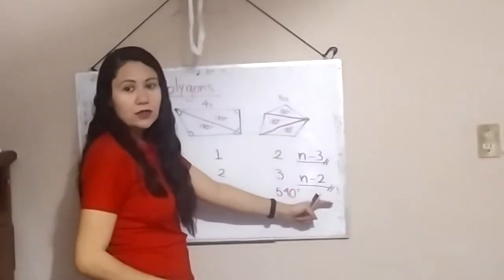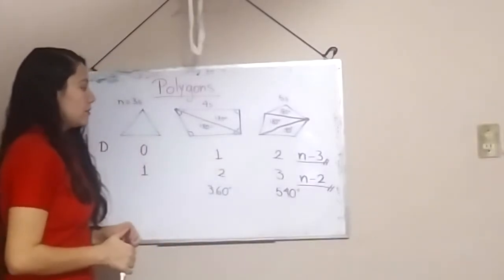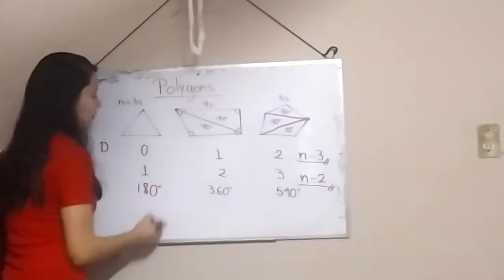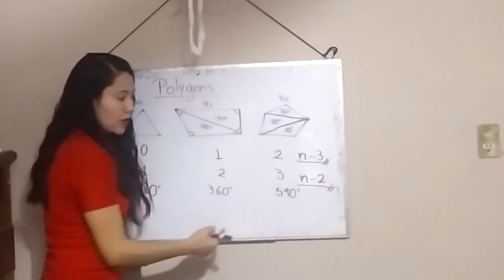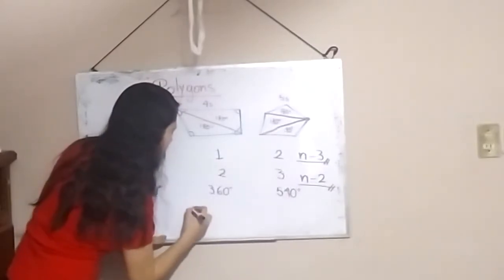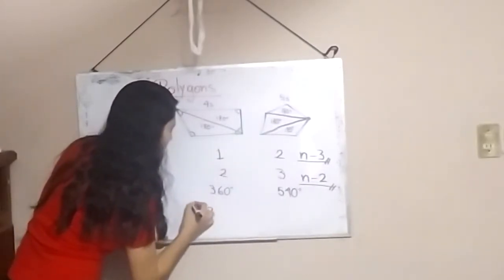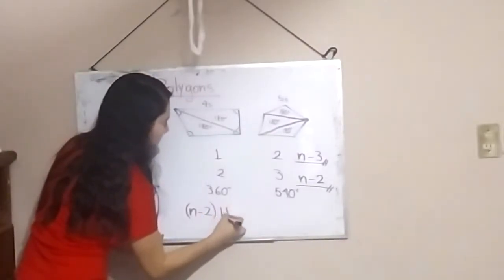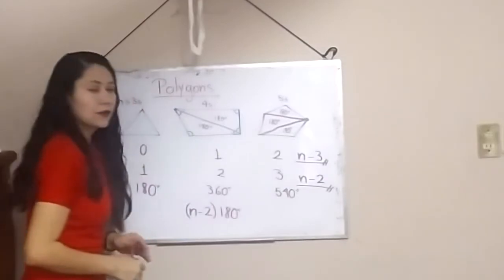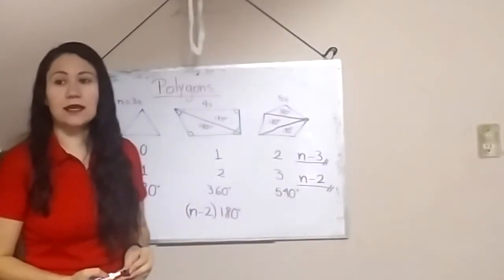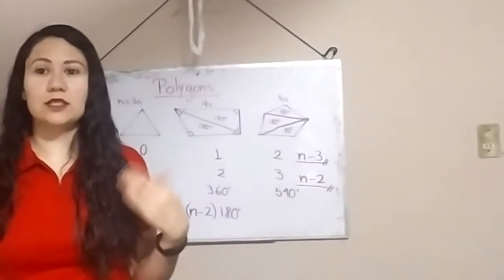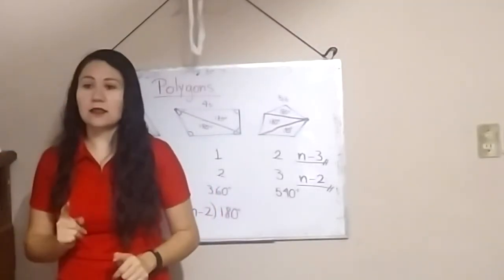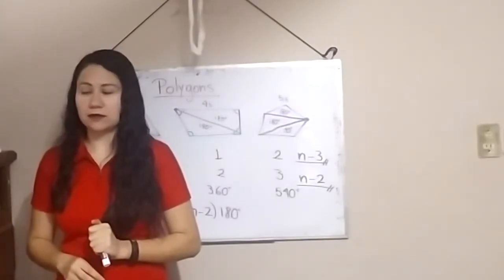We already know how to get the number of triangles, so our formula would be the number of triangles, which is n minus 2, multiplied by 180. Using this formula, we can get the sum of the internal angles of any polygon, okay? As long as it is a convex polygon.